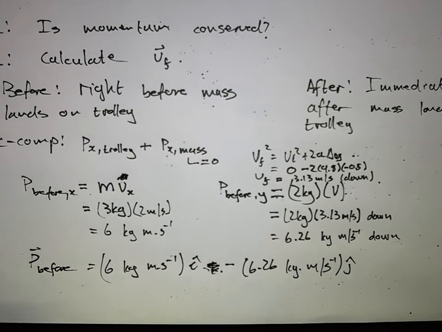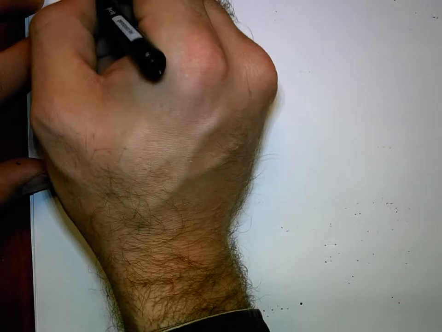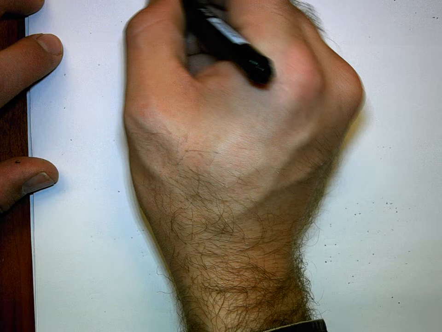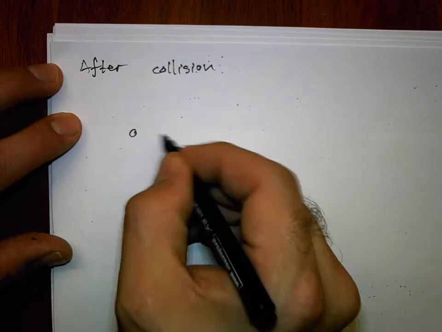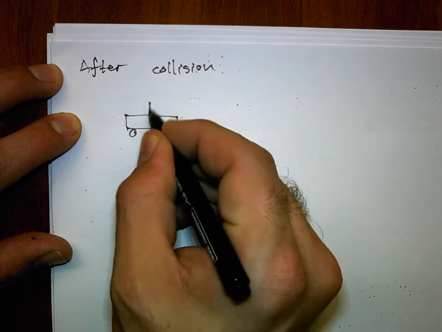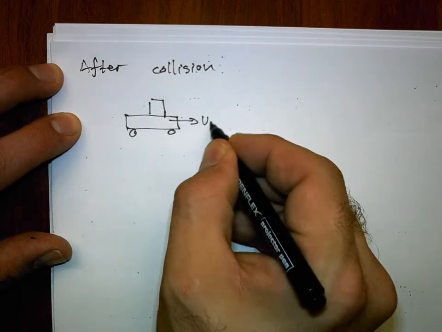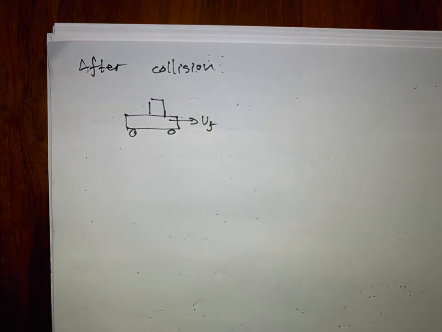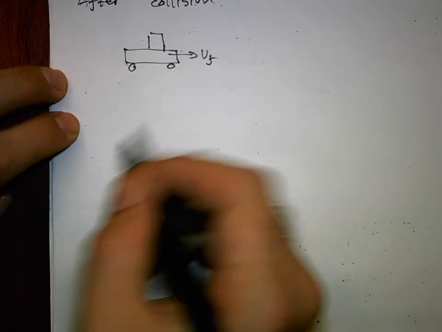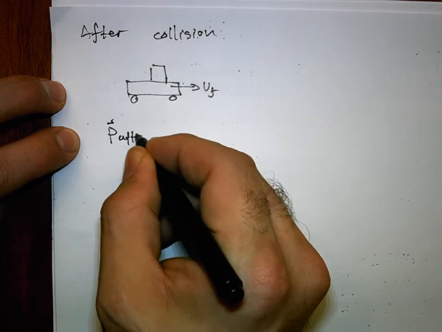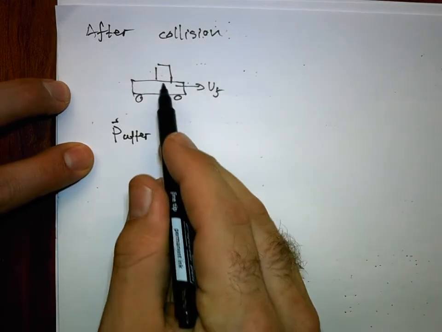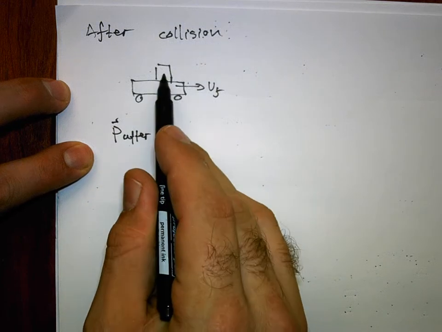Now let's look at the momentum after. So after the collision, so after the block has landed on the trolley, we've got our trolley over here, we've got the block over there, and both of them are moving in that direction. So now our total momentum is going to be, this now moves as one single object with a combined mass.